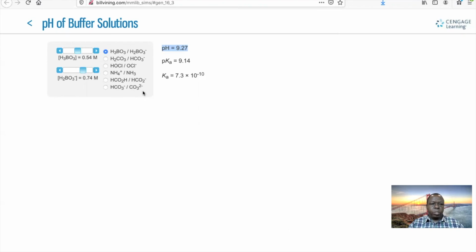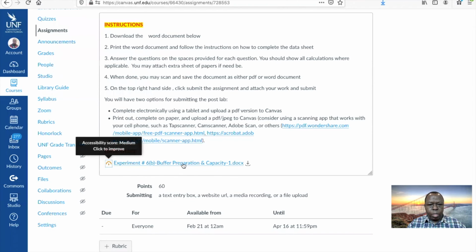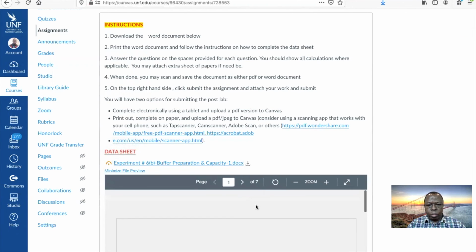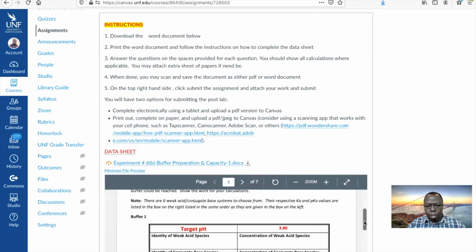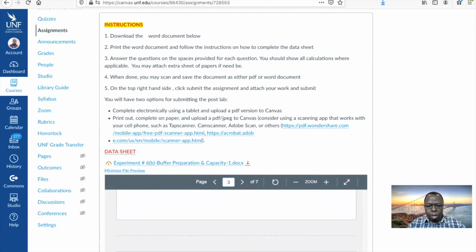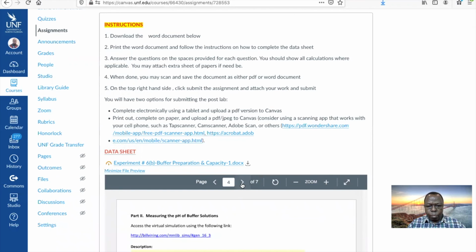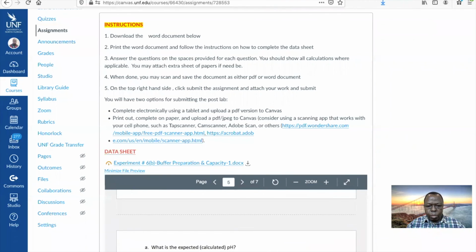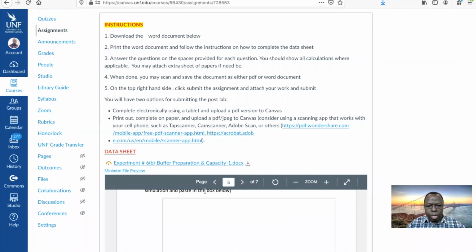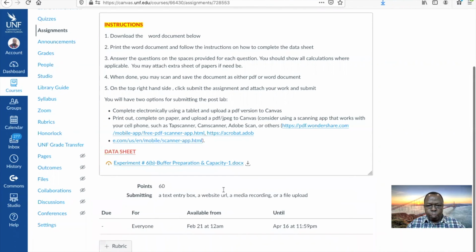Do the calculation, take a picture, and attach it to your calculation. You need to adjust in your calculation the Henderson-Hasselbalch equation for part 2. This is part 2. So what you need to do is adjust the pH, and there you go.